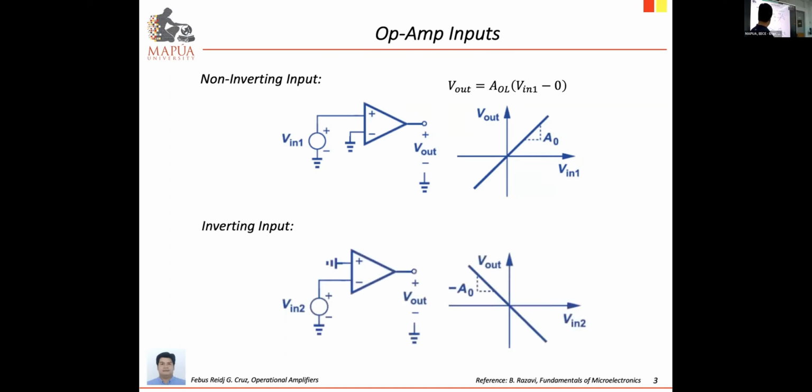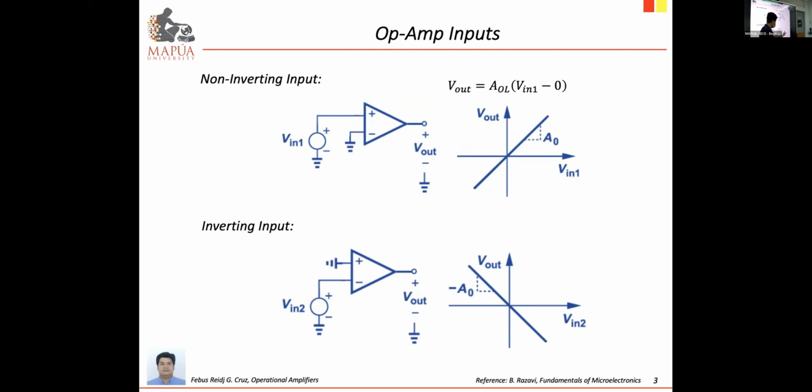While for the inverting input, we place the input voltage V2 at the negative with the positive input connected directly to the ground. And based on this transfer graph, we can see that when the input voltage V2 is negative, the output is positive.